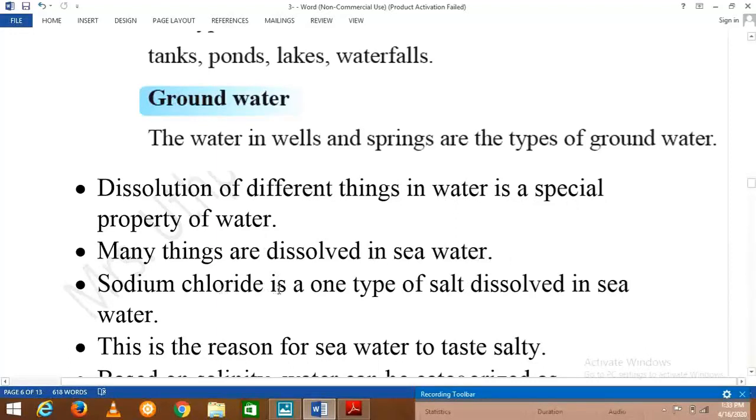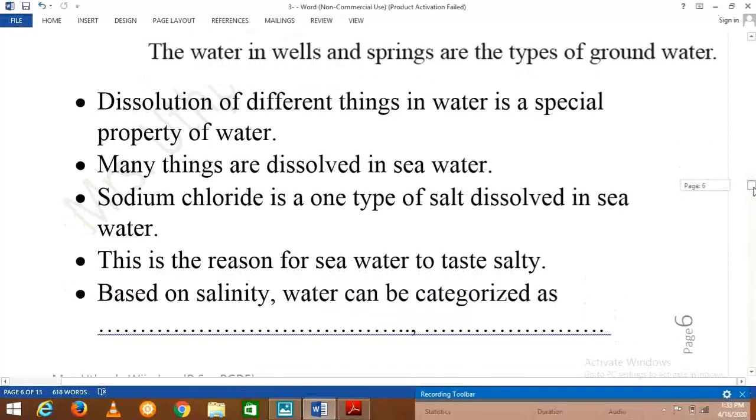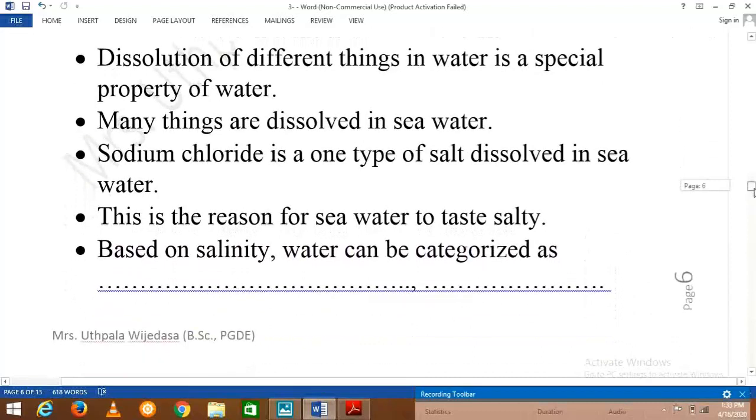So, sodium chloride is one type of salt dissolved in seawater. Sodium chloride is what we call salt. This is the reason for seawater to taste salty. If you have tasted some seawater, you may have definitely felt the salty taste. So, based on salinity, water can be categorized into another three types.